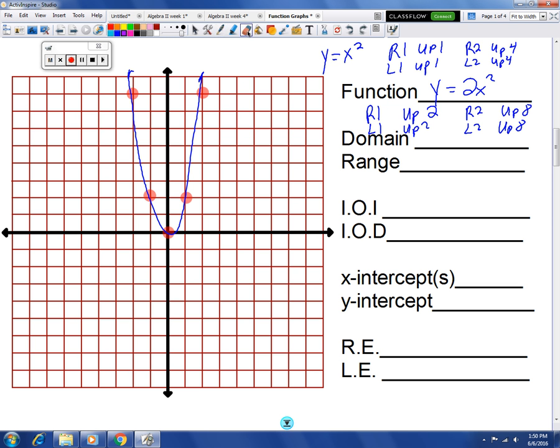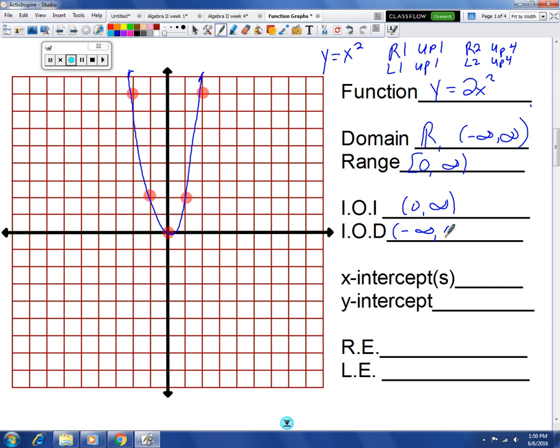Just to finish this up, characteristics. Domain, all the numbers. See if you get the same thing I do. Range, 0 to infinity. Interval of increase, 0 to infinity. Interval of decrease, use parentheses there.